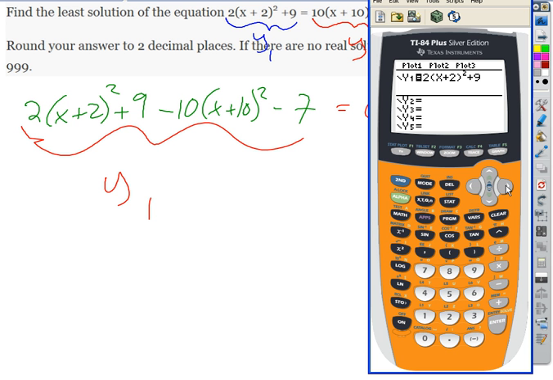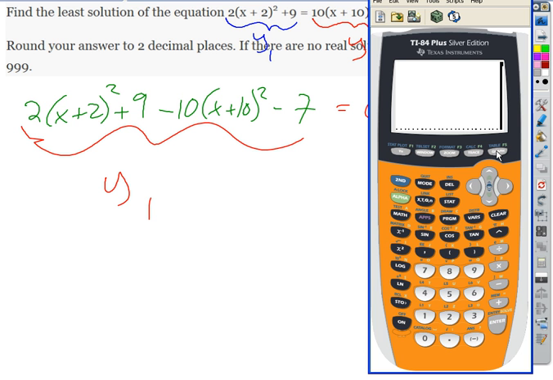So I had minus 10 times the quantity x plus 10 squared minus 7. Okay? Now, if I graph this thing, watch what happens. If I hit graph, okay, I can actually see the top of that function right there.